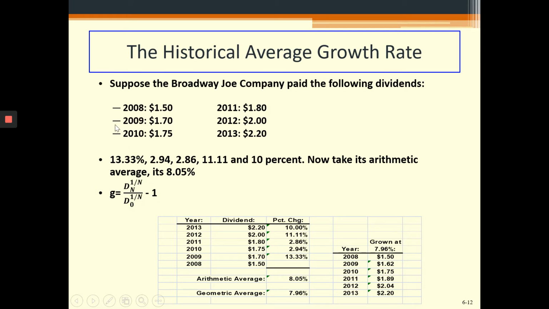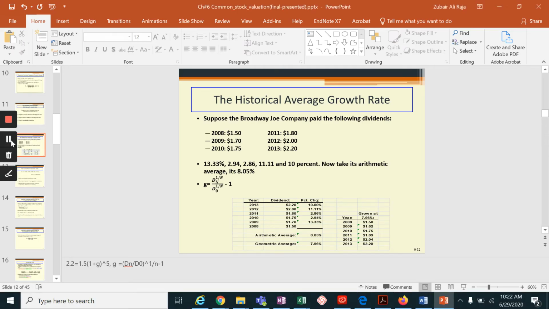If you do this calculation, you will find the geometric average of 7.96%, which is how the dividend is growing over this period of 5 years from 2008 to 2013.